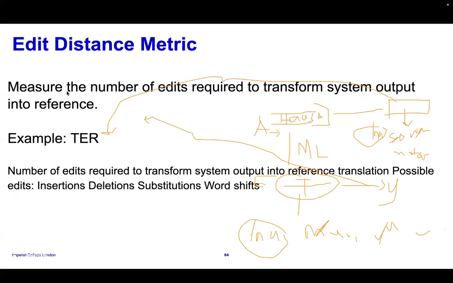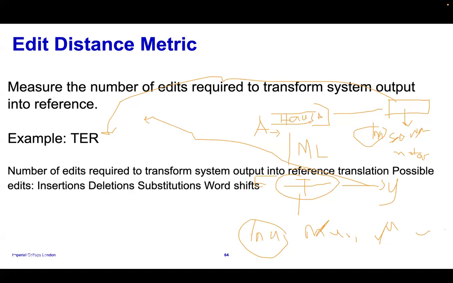Edit distance measures the number of edits required to transform system output into reference. For example, we have the system output here and the reference output here. How many edits are we going to do on this system output to give us exactly the same as the human output? How many edits?